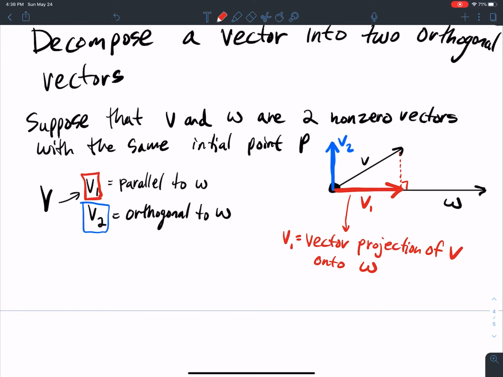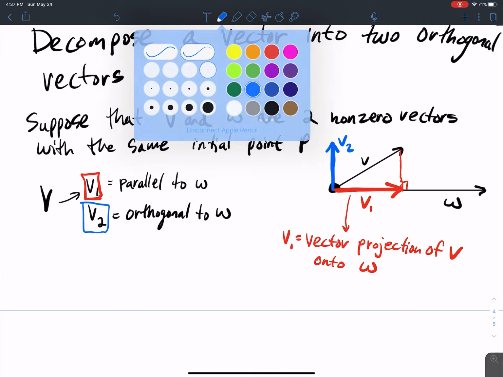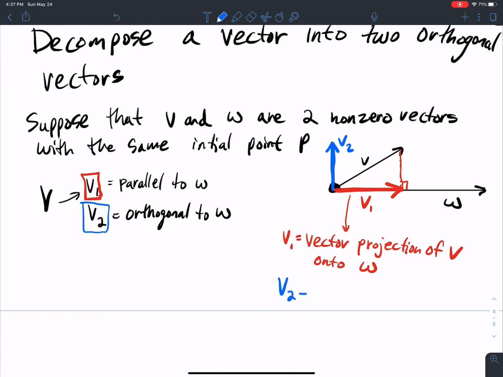So the vector V1 is obtained as follows. From the terminal point V, drop a perpendicular line down to the line containing W. The vector V1 is the vector from the point P to the foot of the perpendicular. Now how do we get vector 2? Vector 2 is given by V minus vector 1.